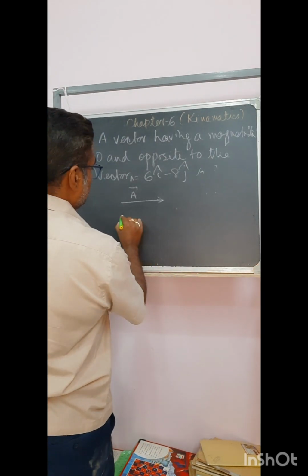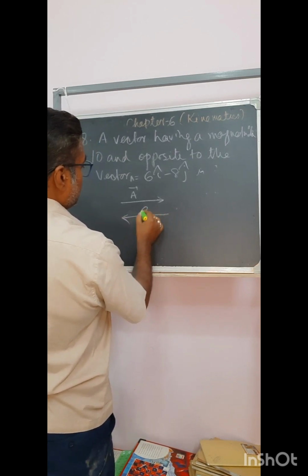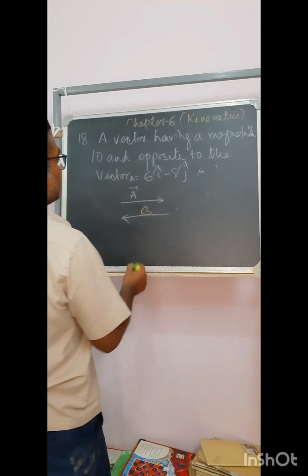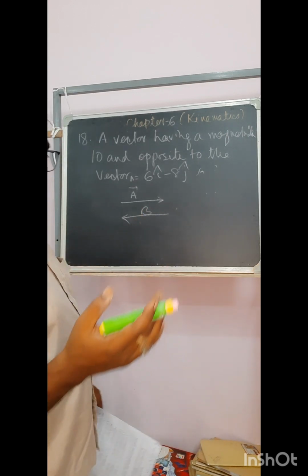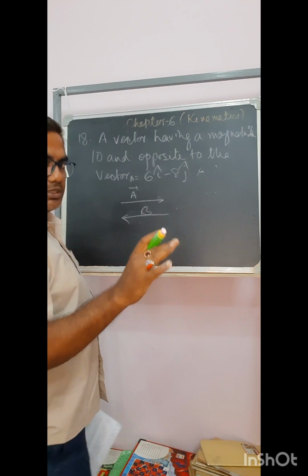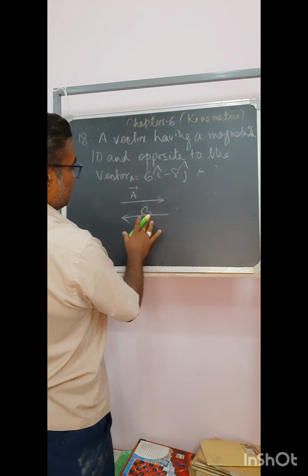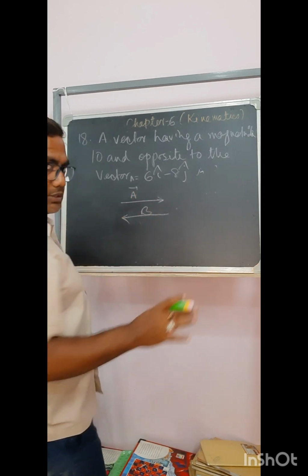That could be a possibility, that the magnitude may not be the same. If the magnitude is the same, then we'll call it specifically a negative vector. If the magnitude is not the same, then we'll call it an opposite vector.